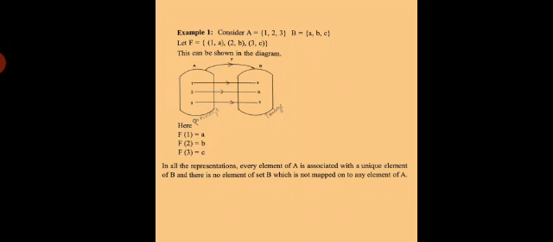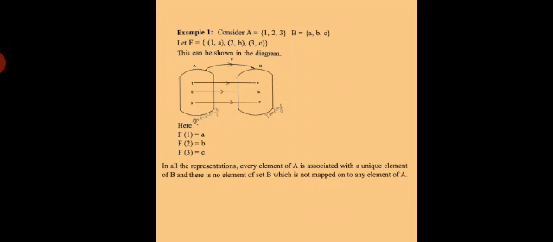So here two diagrams are given. The first set A is called the pre-image, and B is called the image. You can simply draw it like an oval shape. A contains the numbers 1, 2, 3, written inside the oval, and write the elements of B, a, b, c, in the second diagram.